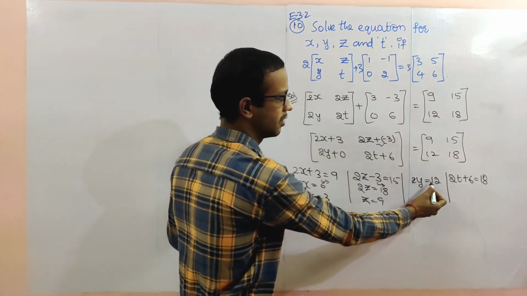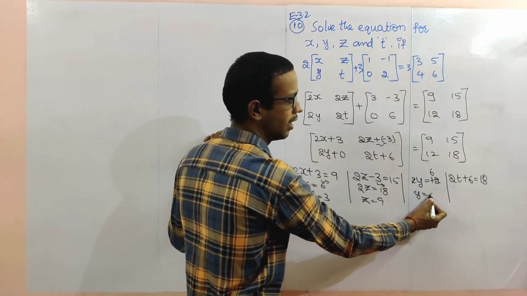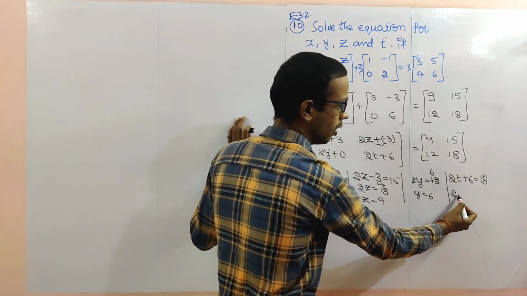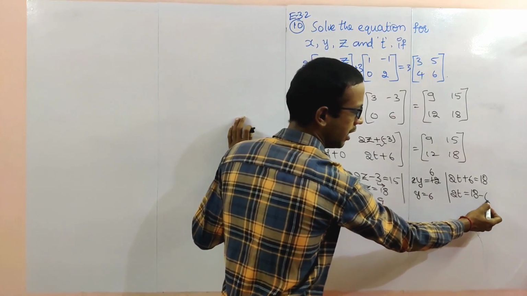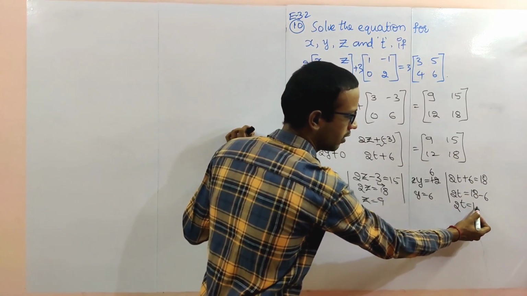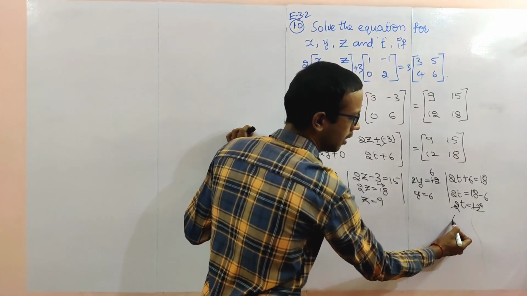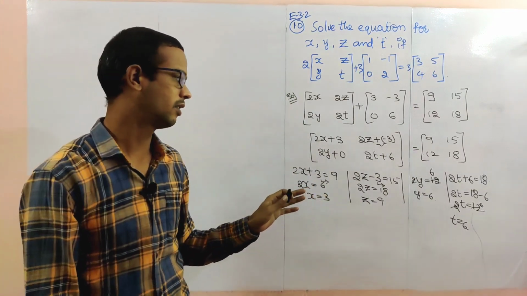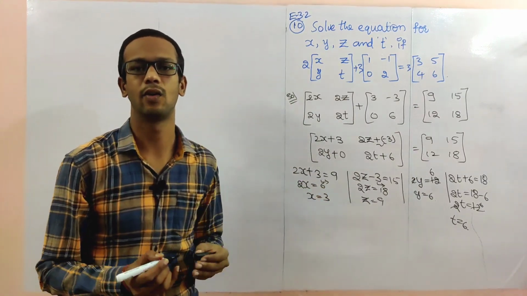Next here, direct cancellation, 2 1s are 2, 2 6s are 12, y is equal to 6. Next 2t is equal to 18 minus 6, 18 minus 6 is 12. 2t is equal to 12, t is equal to 6. So t is equal to 6, y is equal to 6, z is equal to 9, x is equal to 3.